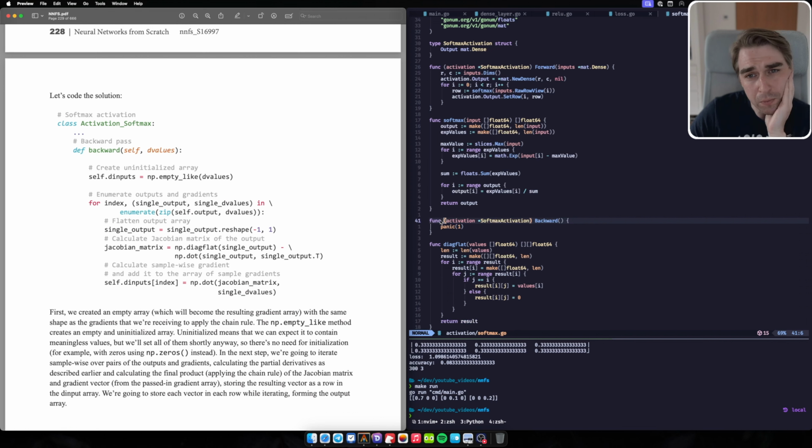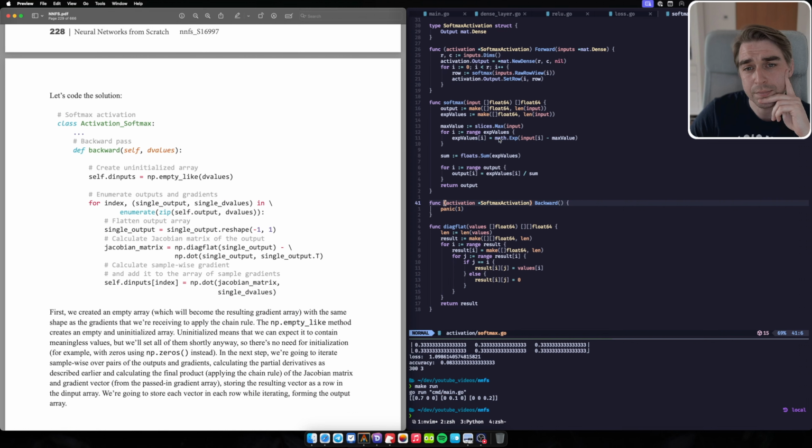So the output of the softmax activation function is a two-dimensional array, right? Okay, so we have the single output, which is the first row.